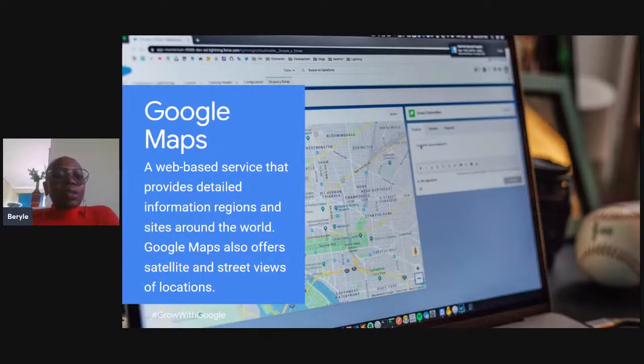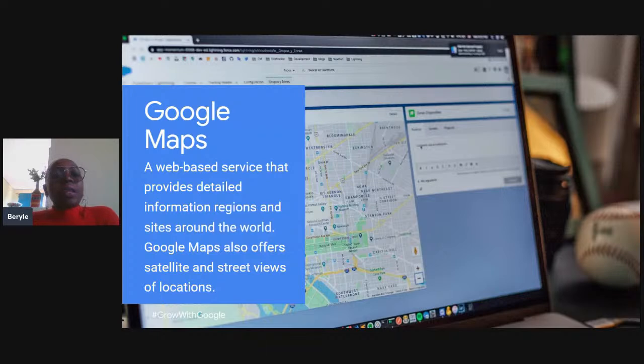So looking at Google Maps, we will try and see why it's important to get the right keywords when you're setting up your Google My Business profile. Just to give you an overview on what it is, it is a Google service, or rather Google tool, that helps you get discoverable on either Google search or Google Maps.